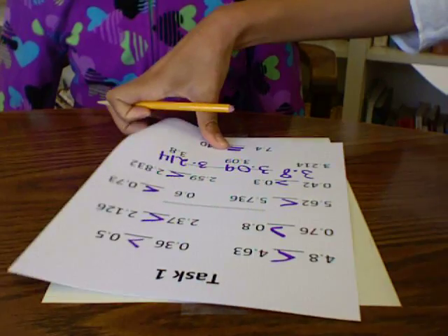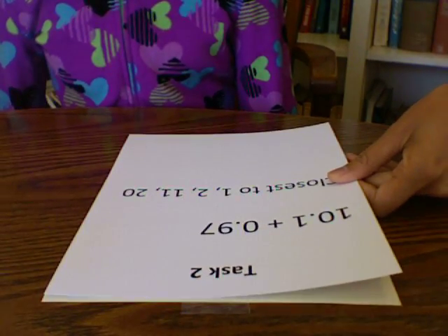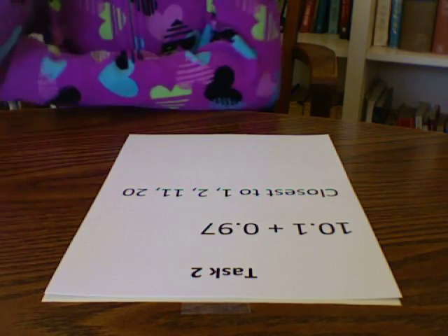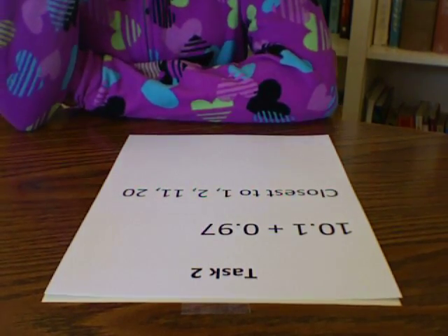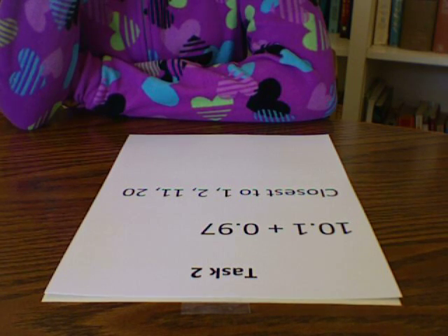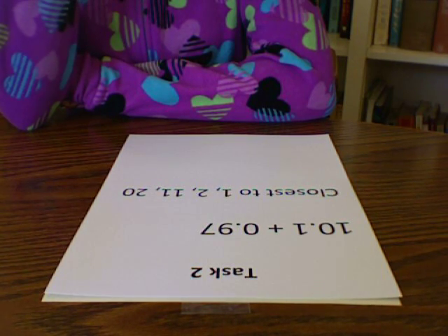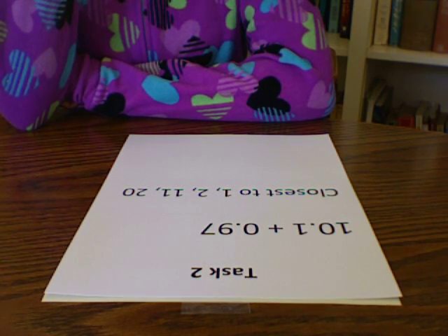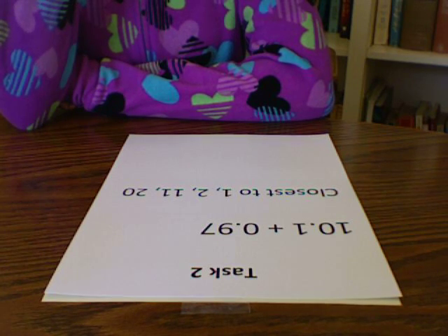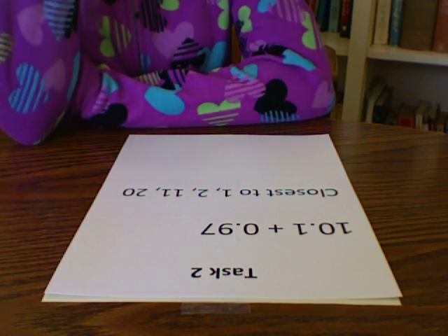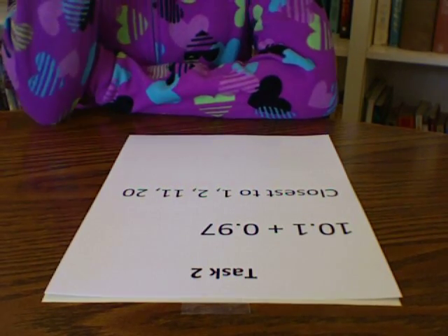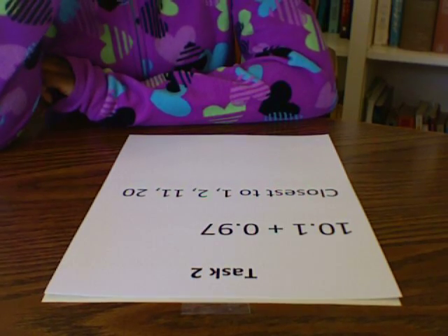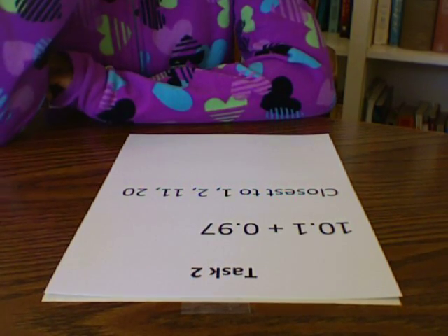So our next task. There you go. Without using your pen on this one, can you look at those numbers and tell me if it is 10 and 1/10 and 97 hundredths, is it closer to 1, 2, 11, or 20? Can I add them together first?